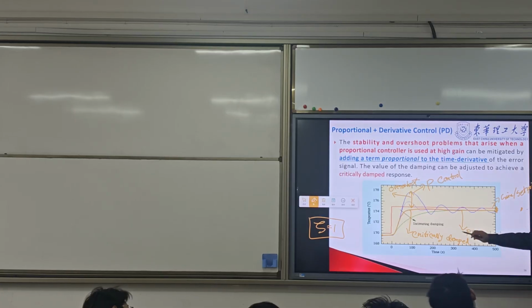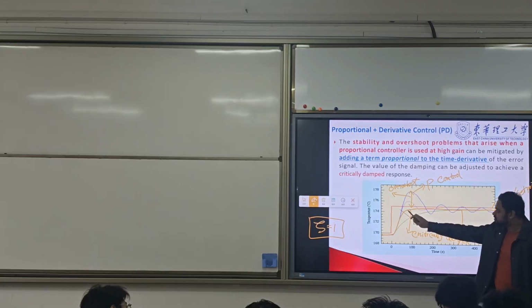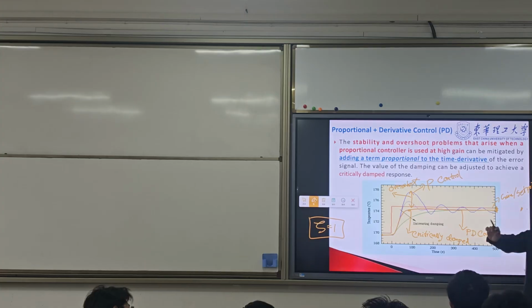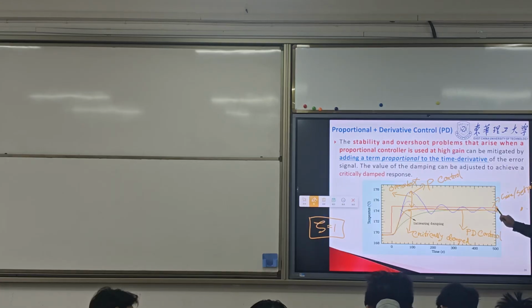PD control makes the controller output critically damped, which we want, but it does not reach the gain or set point. We need to make sure that it reaches this point. Otherwise, there will be a steady state error. This is the disadvantage of the PD control.